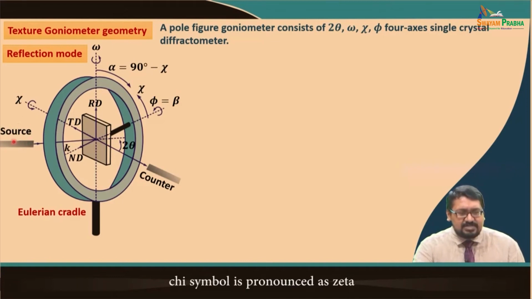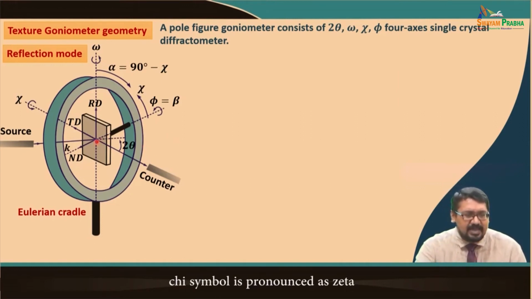If the source of the X-ray is here and the sample is kept here, the sample is kept in such a way that the RD is most of the time on the top vertical, the TD is along here, and the ND is in the front. The source is kept at a particular theta, and the counter at 2 theta, for that particular HKL plane that has to be measured, and that is what we said.